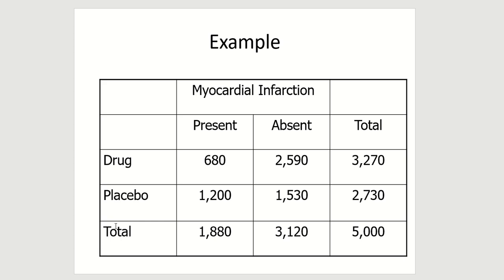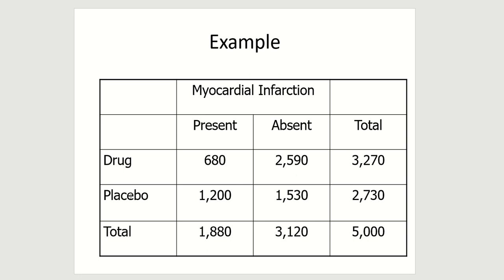All right, so here's an example. We have those taking the drug and those taking placebo. The total taking the drug is 3,270, and those taking placebo is 2,730. Out of those taking the drug, 680 developed myocardial infarction, and out of those taking placebo, 1,200 developed myocardial infarction.